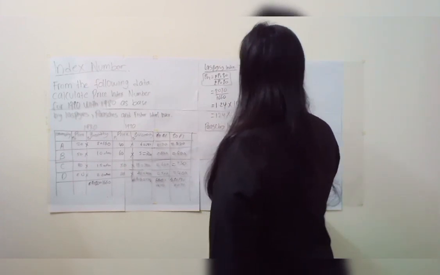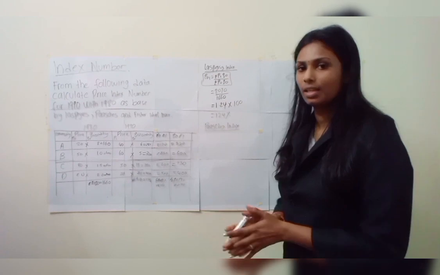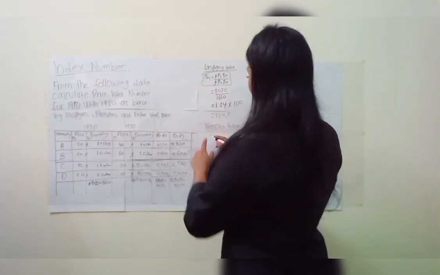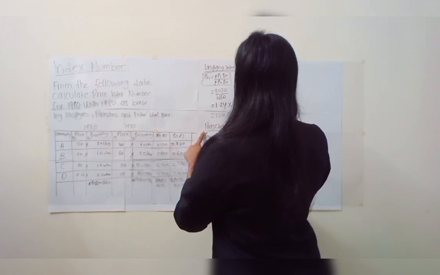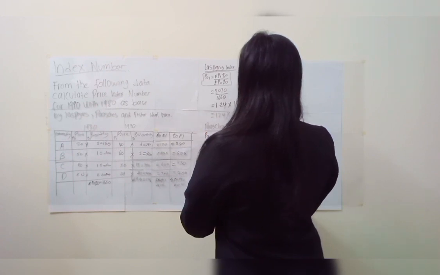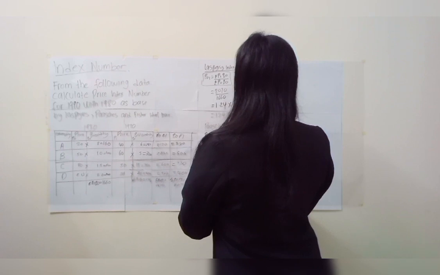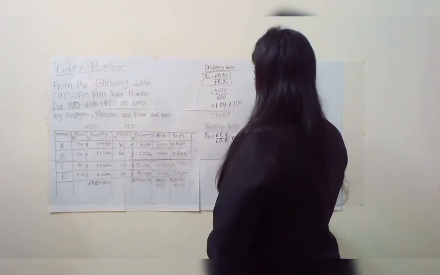is the formula. Okay, but the same but a little bit different. We write the formula first. So PO1 equals the summation P1Q1 divided by the summation POQ1, times 100.